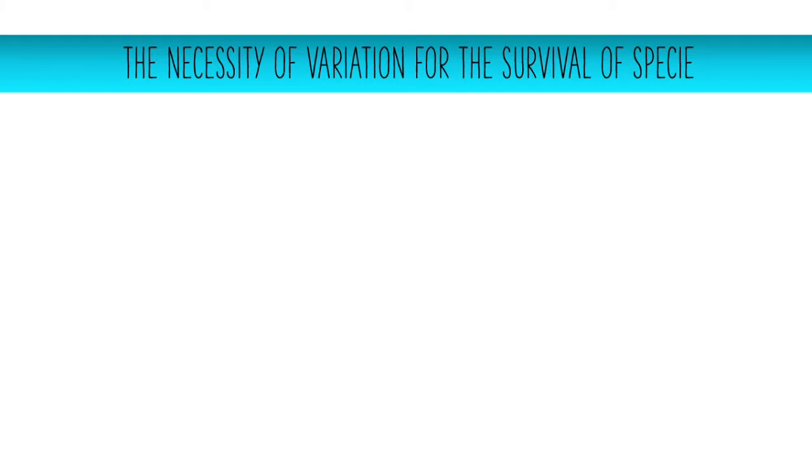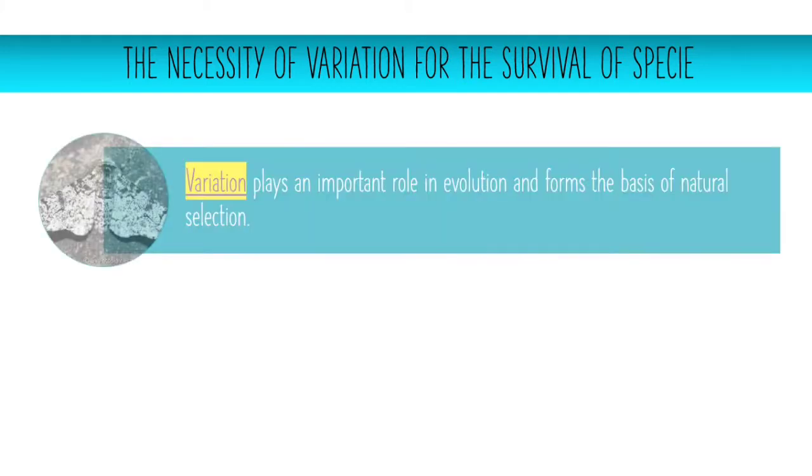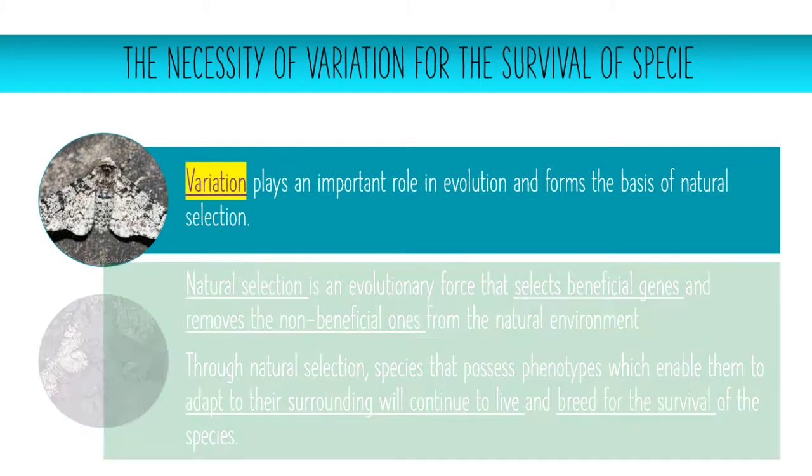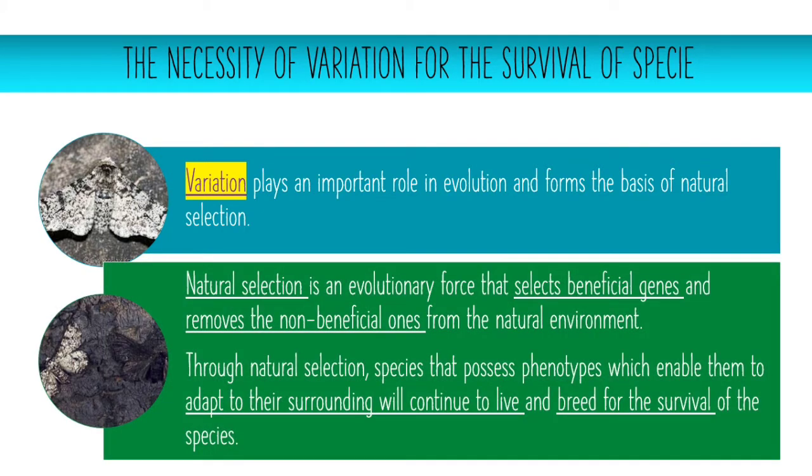Okay, let's discuss the necessity of variation for the survival of species. Variation plays an important role in evolution and forms the basis of natural selection. Natural selection is an evolutionary force that selects beneficial genes and removes the non-beneficial ones from the natural environment.